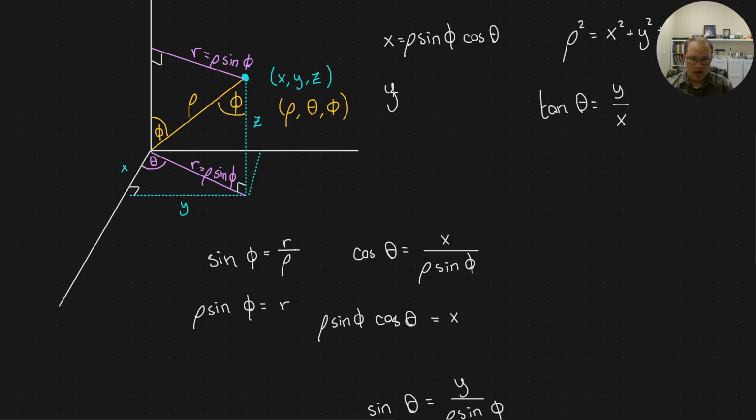So y equals rho sine phi sine theta. Okay? Actually, let me write that just a little lower so it's in line with the other equation there. y equals rho sine phi sine theta.